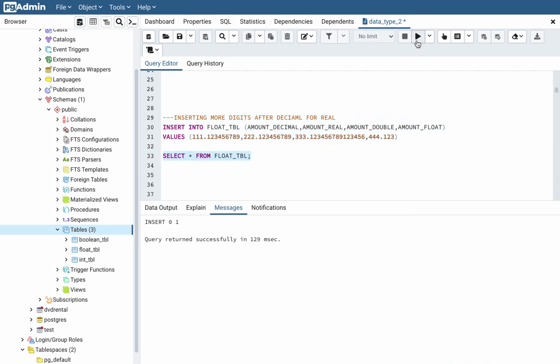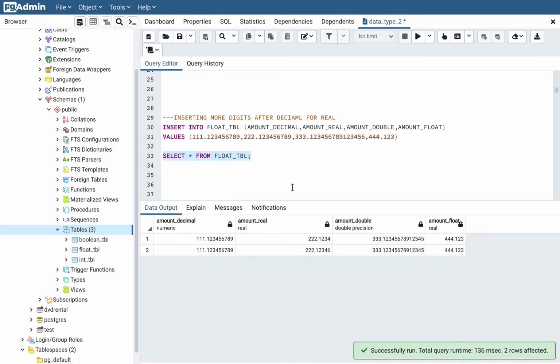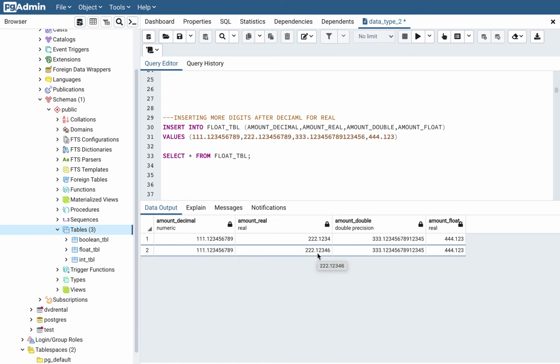Now let me execute this and look at my table. When you look at the table, you would see the value is inserted as 222, and after that, it has not inserted all the 9 digits. Rather, the value is 1, 2, 3, 4, and 6. Now let's see what has happened.